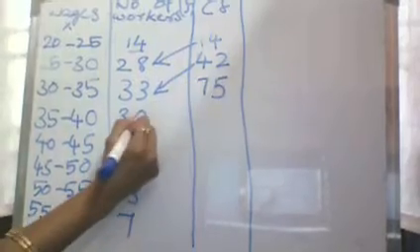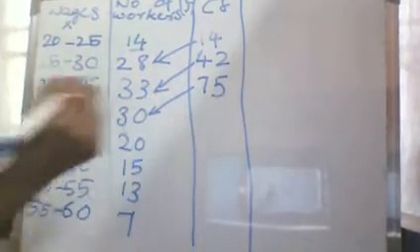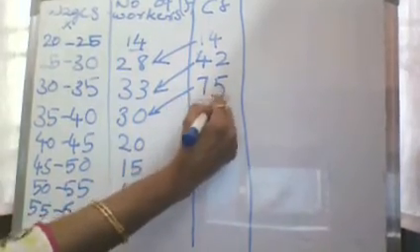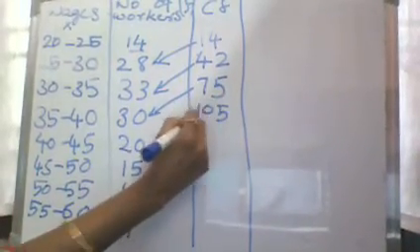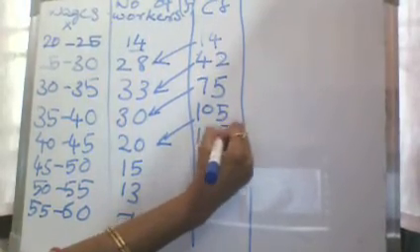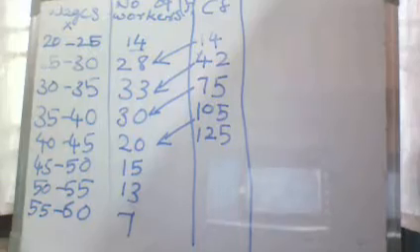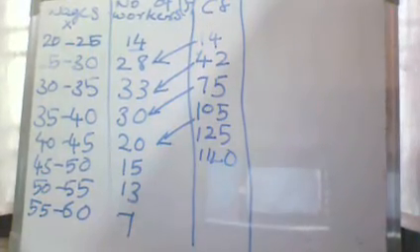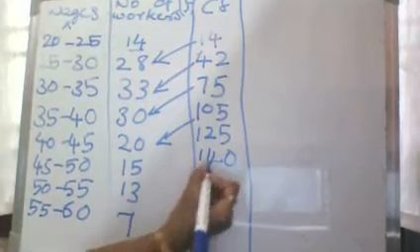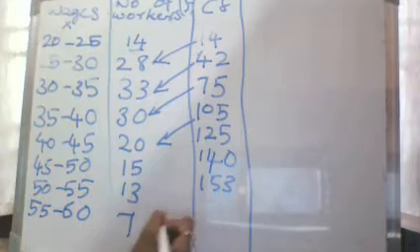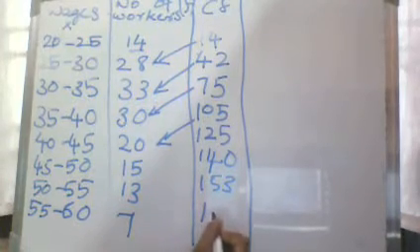Next, 75 plus 30 is 105. Next, 105 plus 20 is 125. 125 plus 15 is 140. Next, 140 plus 13 is 153.